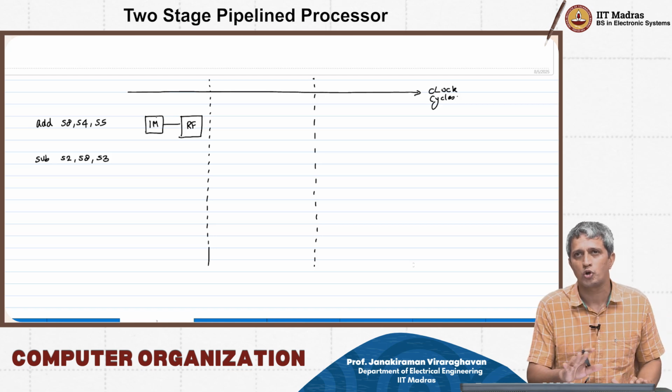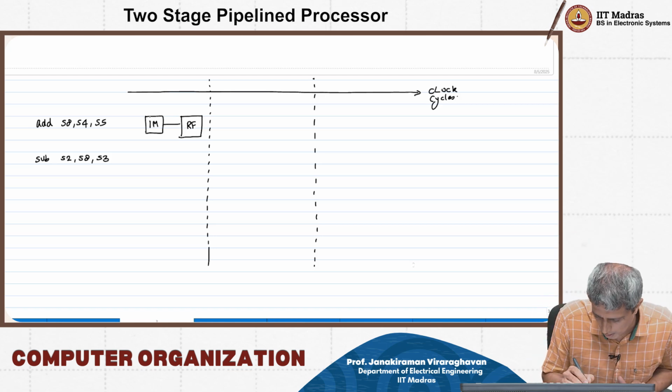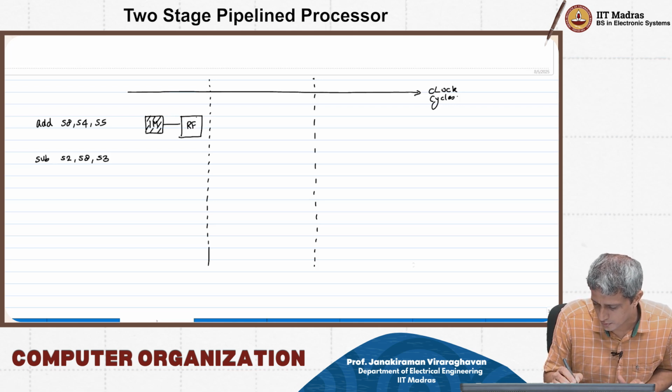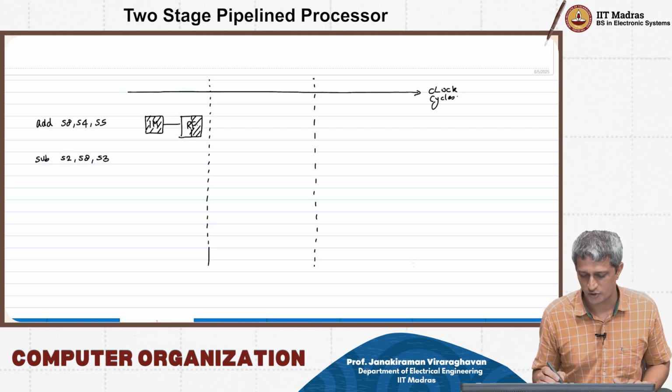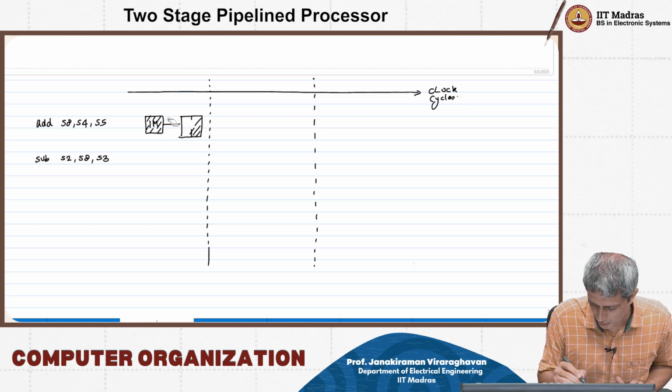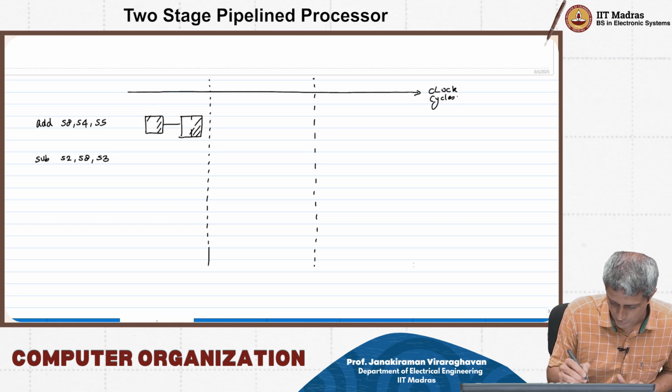I will not worry about shading it right now, okay, or maybe I should, because you will not be able to differentiate between an unused cycle and this, okay. So if you look at this, register file is shaded only half, okay, so I might need a different color there.